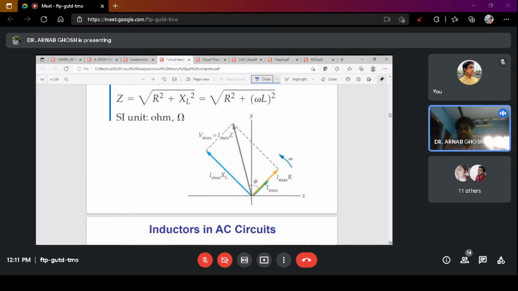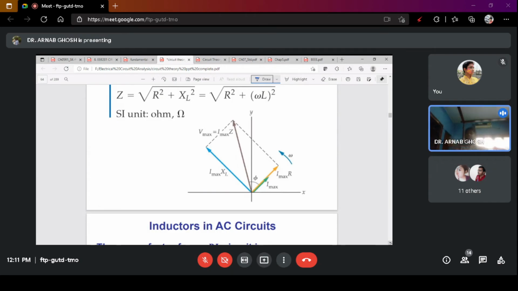So again, if you just redraw the phasor diagrams, the difference with the capacitive circuit is that the voltage Vmax leads Imax by an angle of 90 degree. The voltage across the inductance, that is Imax XL, will lead the current by an angle of 90 degree. This is just the reverse of that of the capacitance.